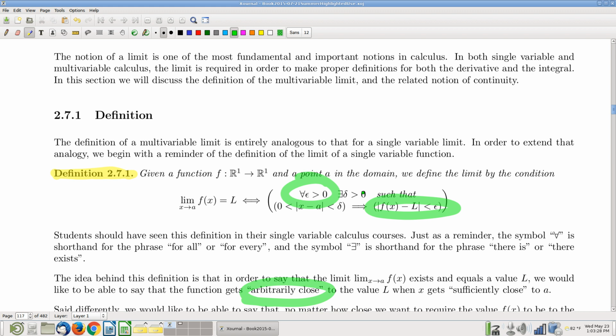Okay, so we need to be able to assert that the function gets arbitrarily close to L when x gets sufficiently close to A. Now what do we mean by x gets sufficiently close? That means I need to be, with my green goal in mind, of making f as required, arbitrarily close to L. I'm going to do so by requiring that x be close to A, and I get to pick how close I need x to be to A. There needs to be some notion of sufficiently close to A that gives me the arbitrarily close that I need.